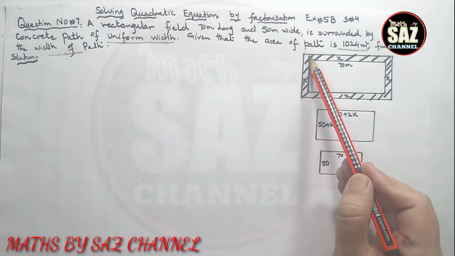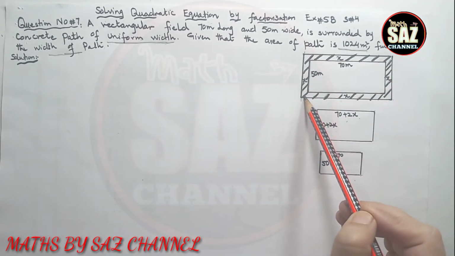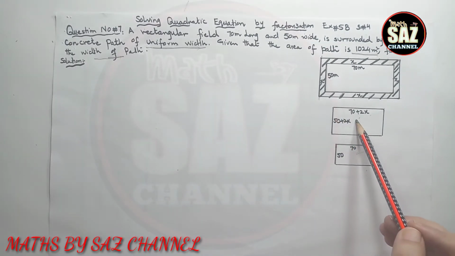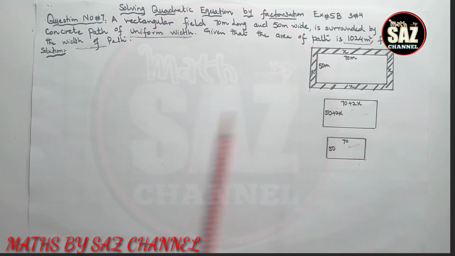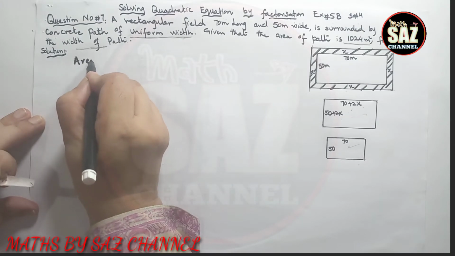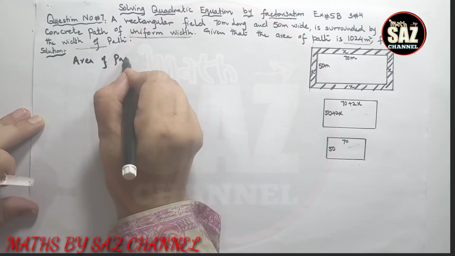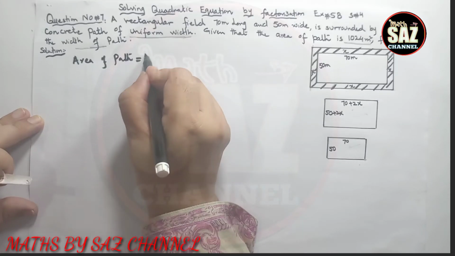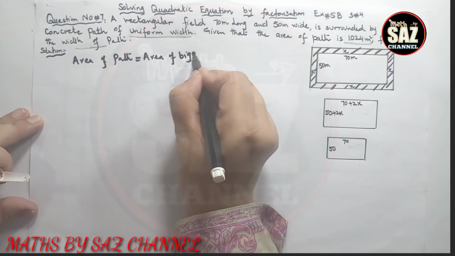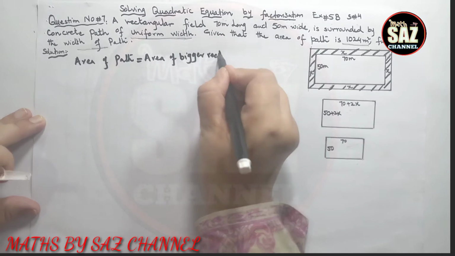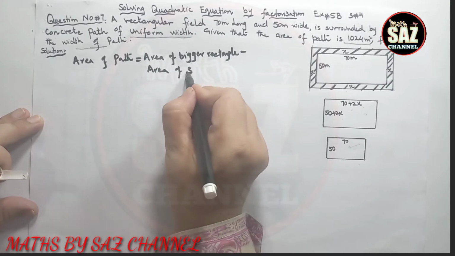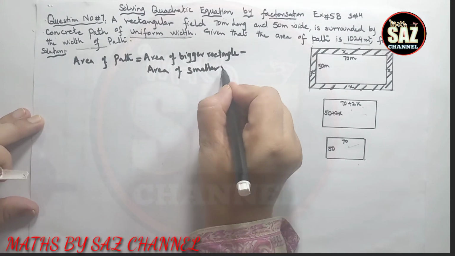In order to get the area of this shaded region, we have to take away the area of the smaller rectangle from the area of the bigger rectangle. So the area of path will be equal to the area of the outer or bigger rectangle minus the area of the smaller rectangle.